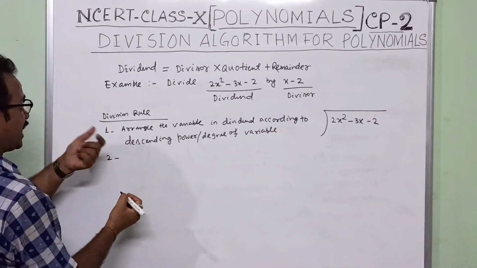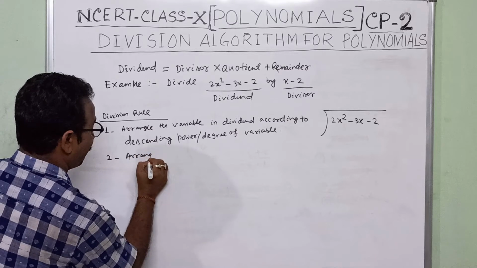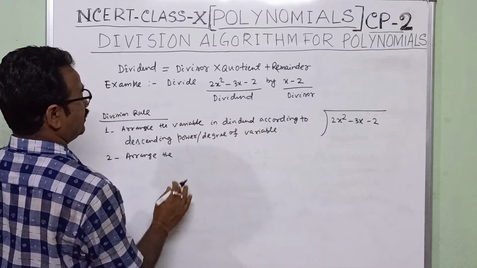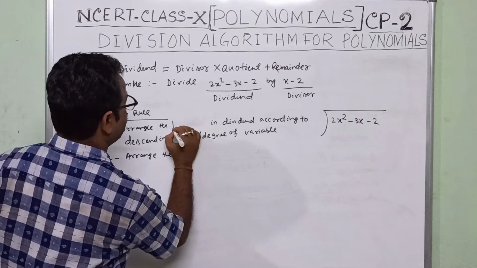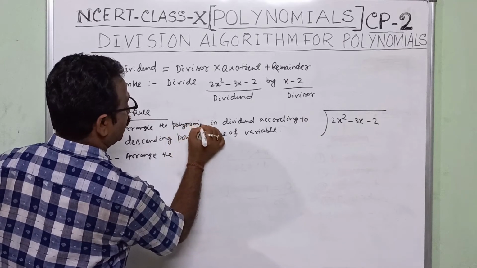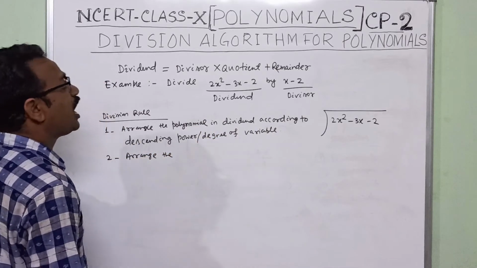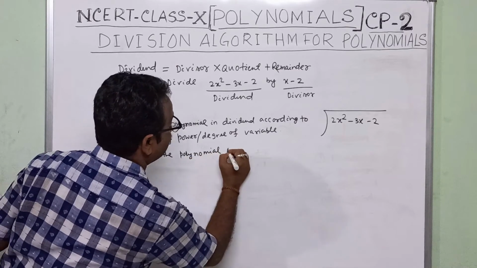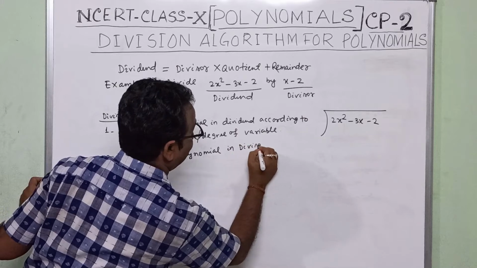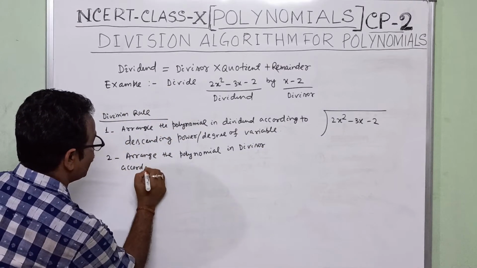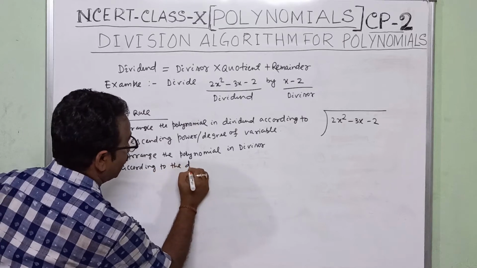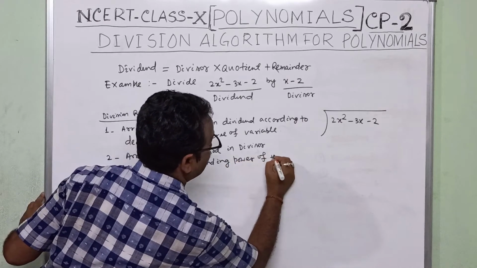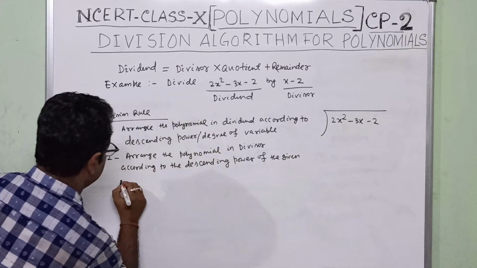Number 2: arrange the polynomial in the divisor according to the descending power of the given variable.